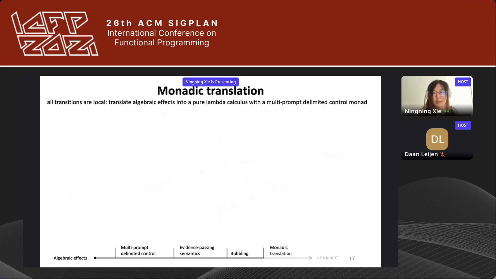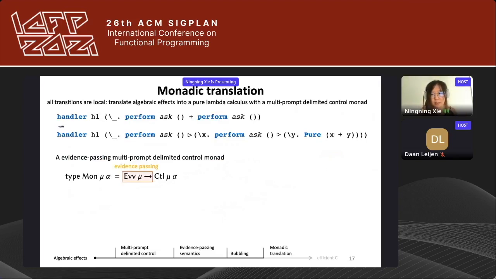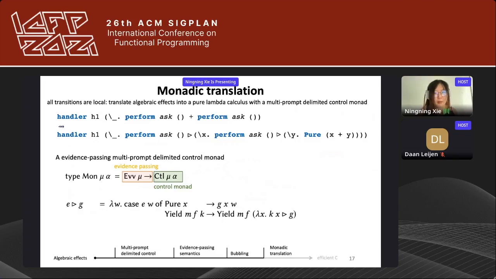With monadic translation, our running example will be translated into a monadic expression like this. The monad we are using is also regular. It is essentially a reader monad for the current evidence vector composed with a control monad. And we can understand the definition of control monad by looking at the definition of monadic binding of MON.